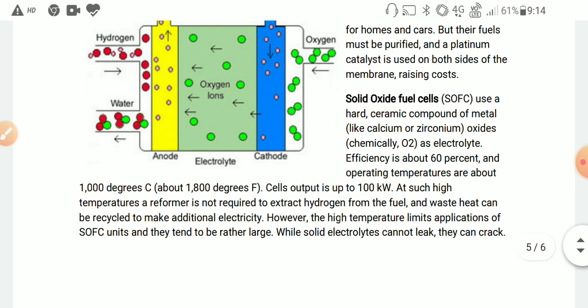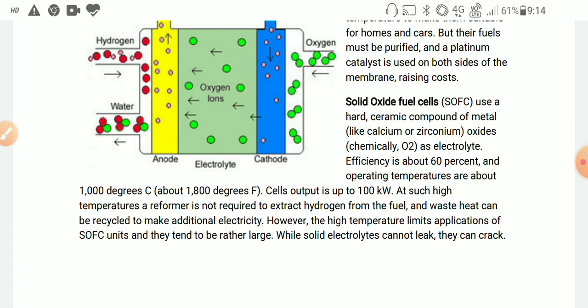So this is the total for the fuel cell. We discussed what a fuel cell is. This is a converter which converts chemical potential energy into electrical energy. Here basically hydrogen and oxygen are used as fuel. After reaction, the cell can produce water, electricity and heat.